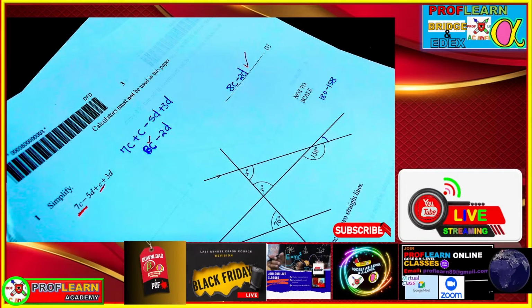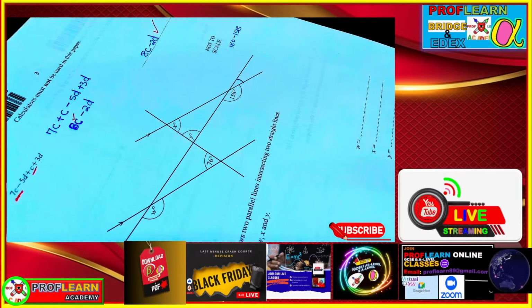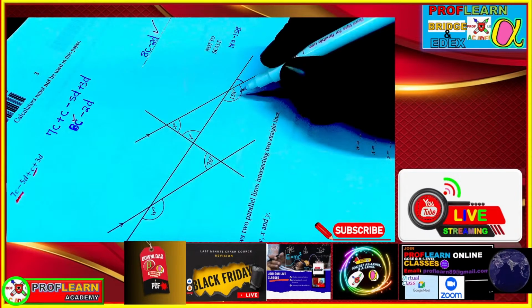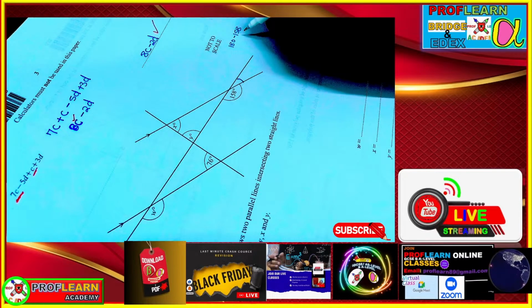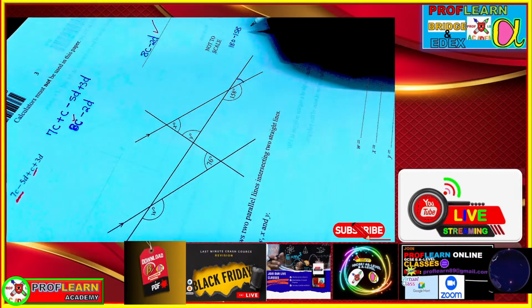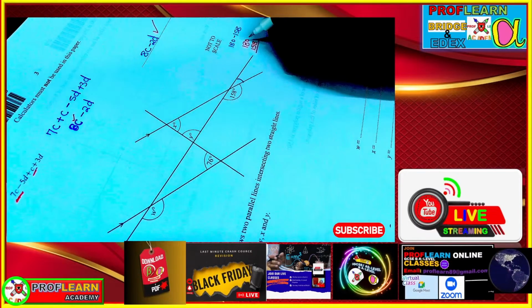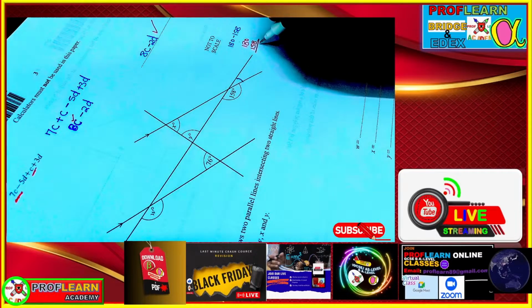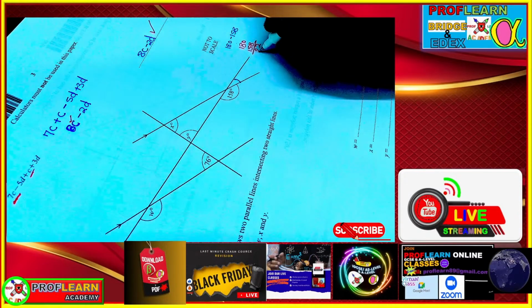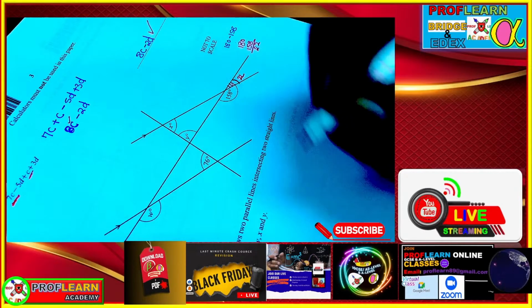The next question for non-calculator is questions whereby you are supposed to solve angles. Remember, here we're given 158. What is 180 minus 158? You subtract 158 from 180. You borrow 1, and this becomes 10. 10 minus 8 is 2. Here is 7, then you have 22. So this angle here is 22.